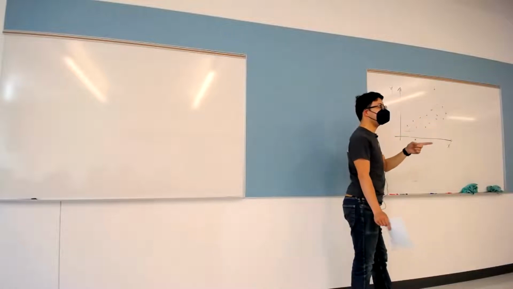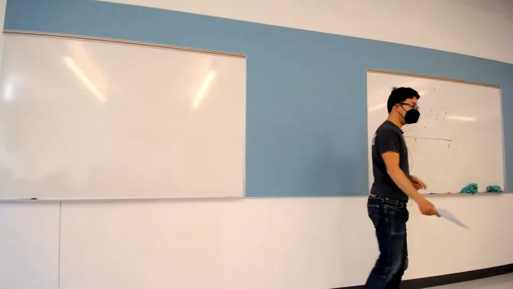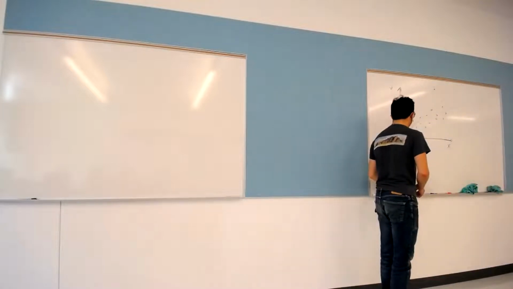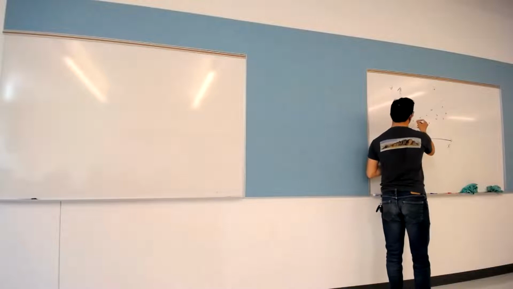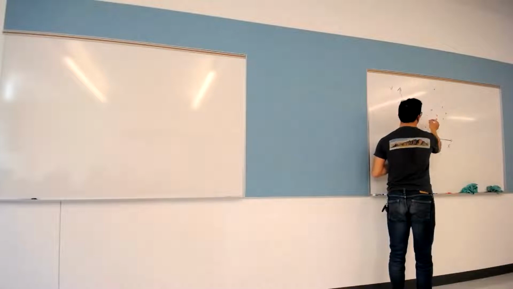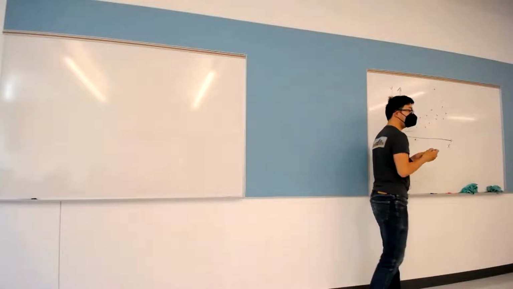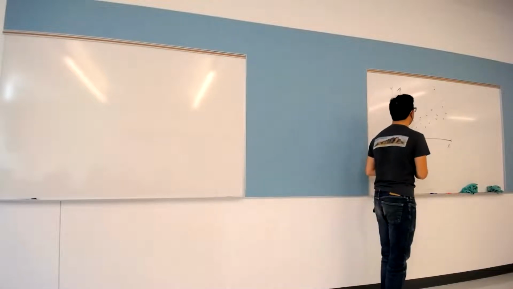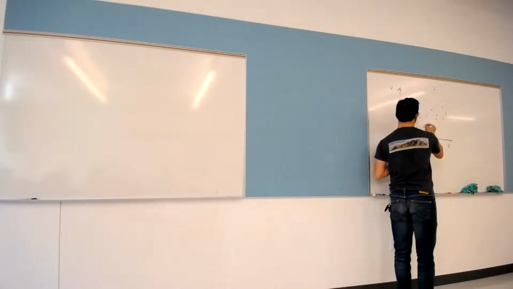Yes. Yeah, exactly. So let's look at the red line. If you measure the distance each point is from the red line, we can compare that against, say, the distance each point is from the green line.